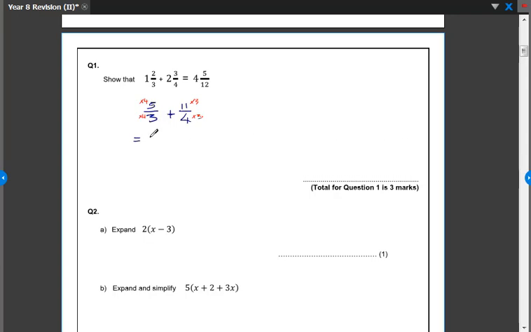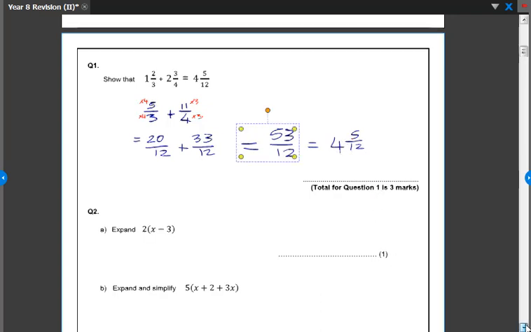So that equals 20 over 12 plus 33 over 12. And that equals 53 over 12. And that equals 4 and 5 over 12. That's it. Alright, done. So we move onwards.